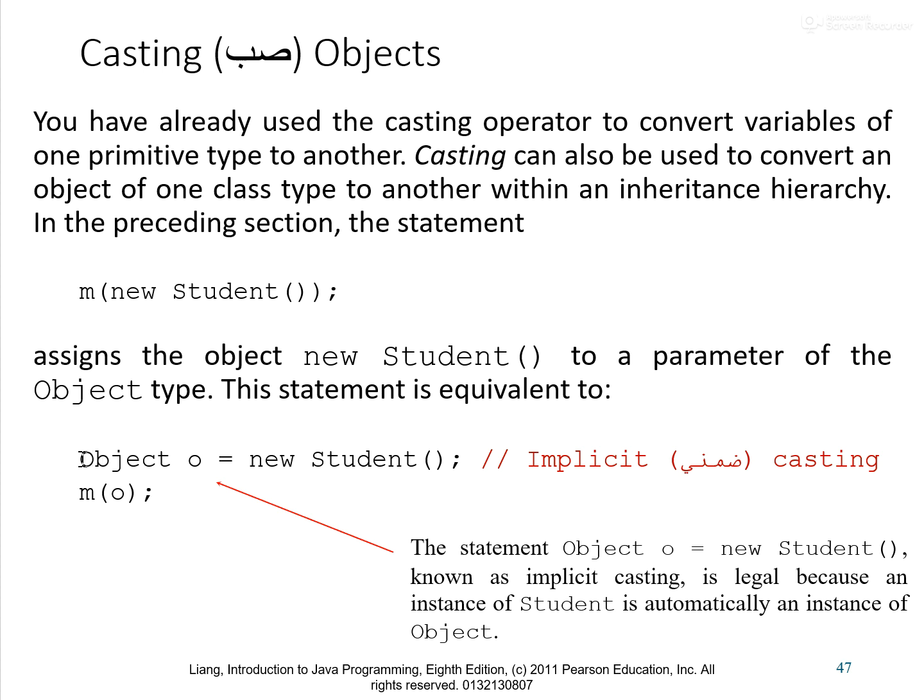But we can actually also use a reference to any class that is a superclass in the hierarchy of Student. This is perfectly all right, and this is what we call implicit casting. We ourselves are deciding that we're casting the Student object to a reference of one of its superclasses, in this case, the Object class.